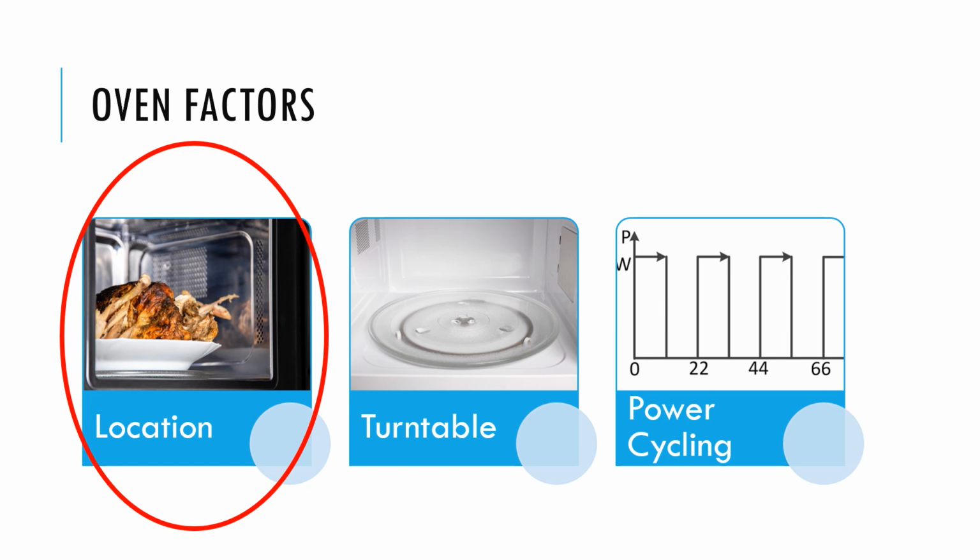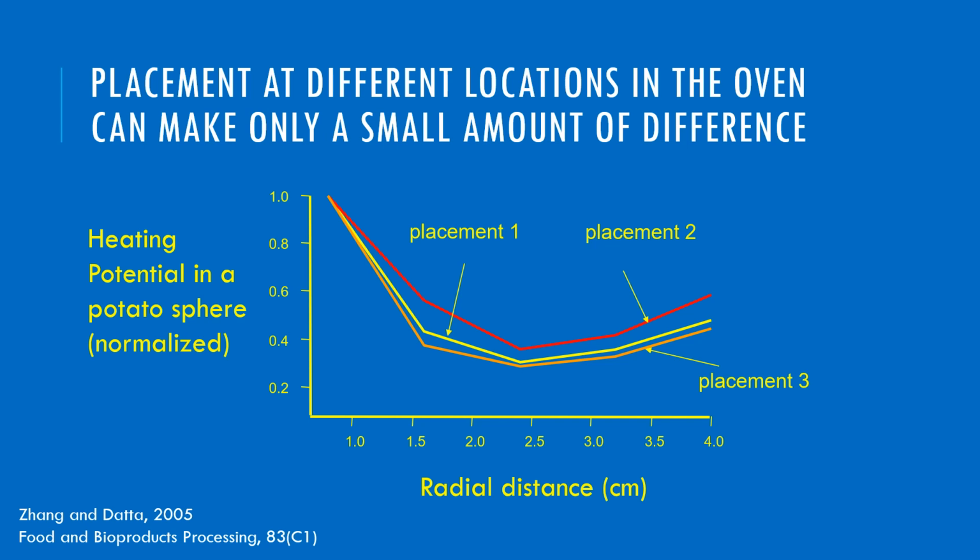physics related to them. As you can expect, a generalization of the effect of placement of food in many different ovens is difficult, and to my knowledge, this has not been done in any comprehensive way.